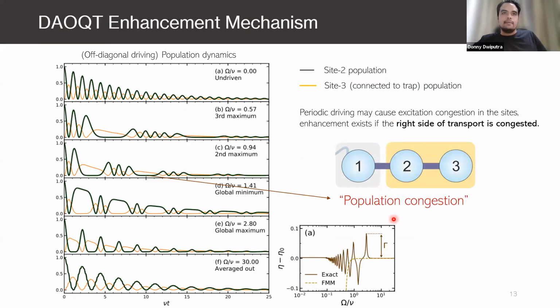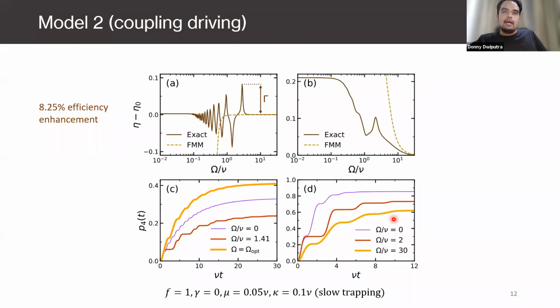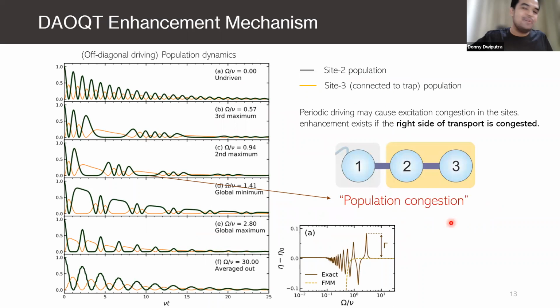And the point is that this behavior is because of what we call population congestion. This is the population dynamics of site 1, the initial site, which is site 2, the middle site, and site 3, which is connected to the drive. And as you can see, the undriven case is oscillating and exponentially vanishing as expected.